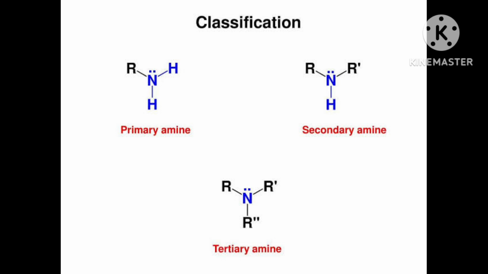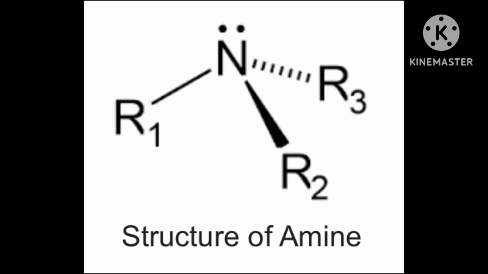Now I am going to discuss the classification of amines. Already in the beginning I told you the same things, but this is the right place to tell the classification. Amines are classified as primary, meaning 1 degree, secondary, meaning 2 degree, and tertiary, meaning 3 degree, depending upon the number of hydrogen atoms replaced by alkyl or aryl groups in the ammonia molecule.